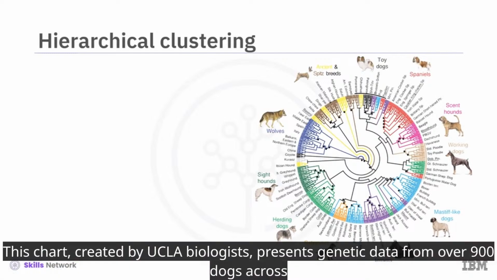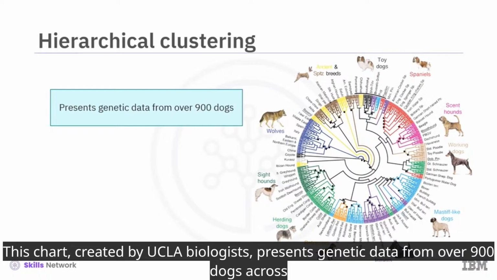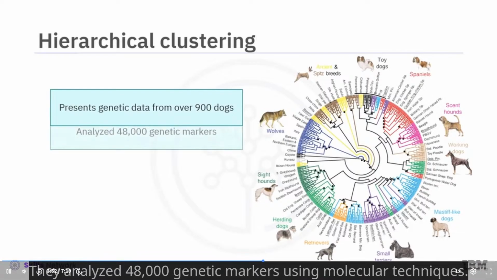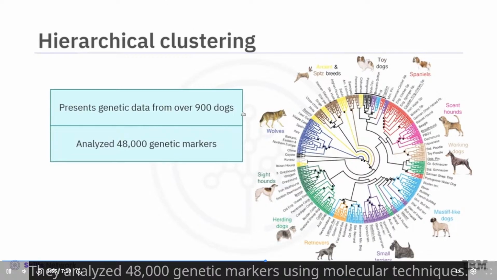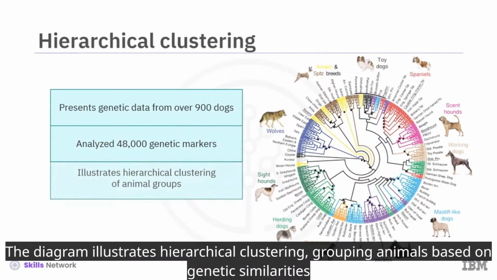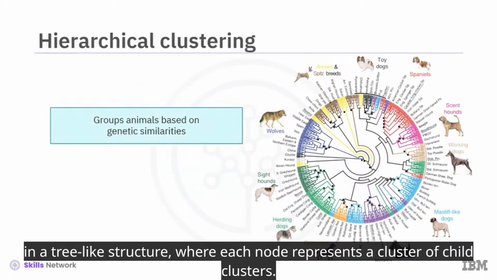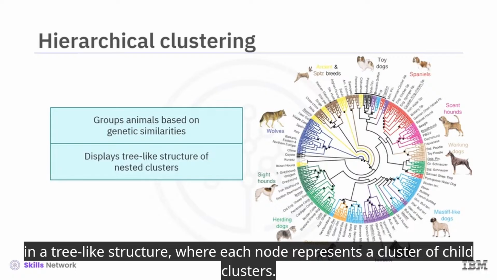This chart, created by UCLA biologists, presents genetic data from over 900 dogs across 85 breeds and 200 wild gray wolves globally. They analyzed 48,000 genetic markers using molecular techniques. The diagram illustrates hierarchical clustering, grouping animals based on genetic similarities in a tree-like structure where each node represents a cluster of child clusters.